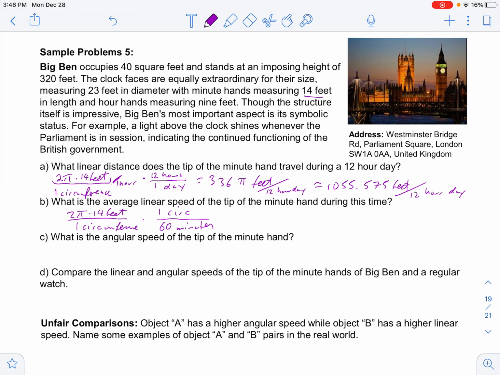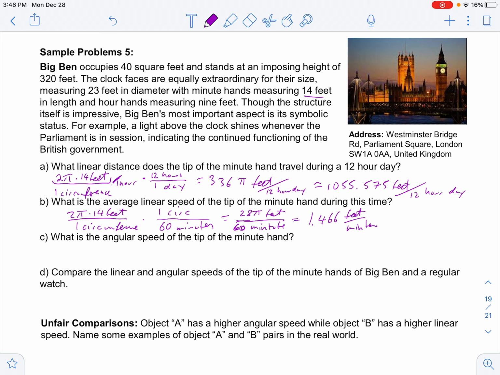So therefore our speed is going to be 28 pi feet per 60 minutes, which is, roughly speaking, 28 times pi divided by 60, roughly 1.466 feet per minute.